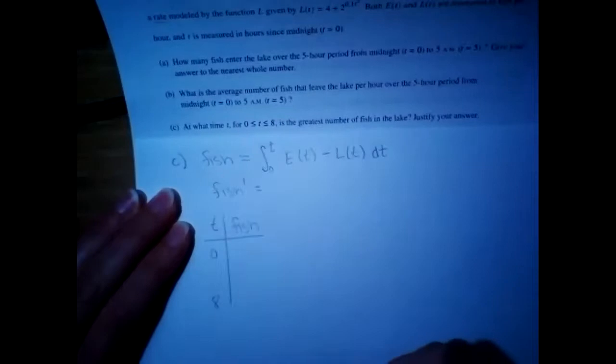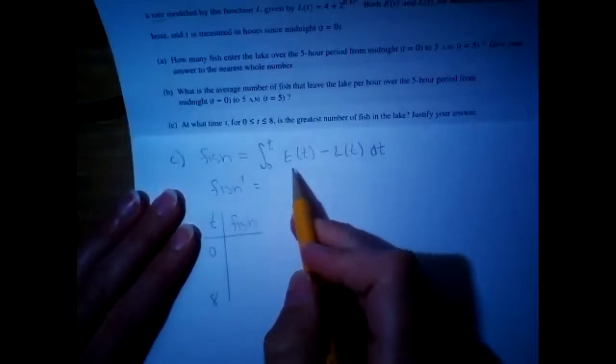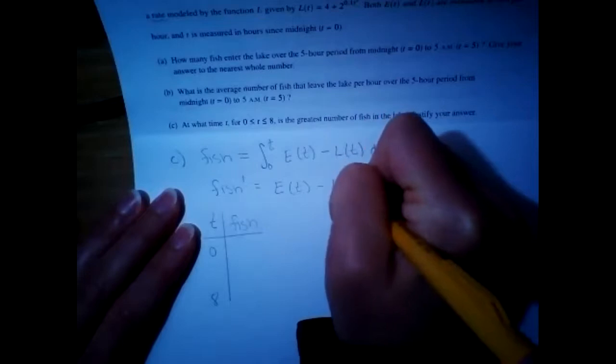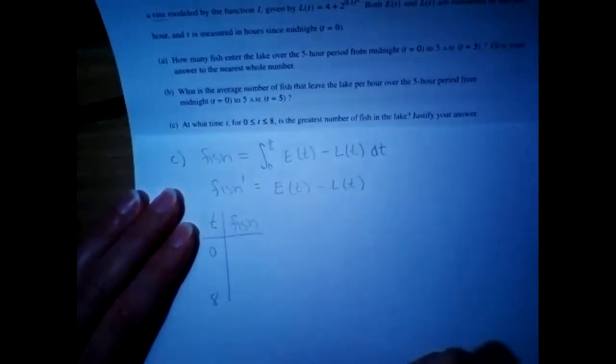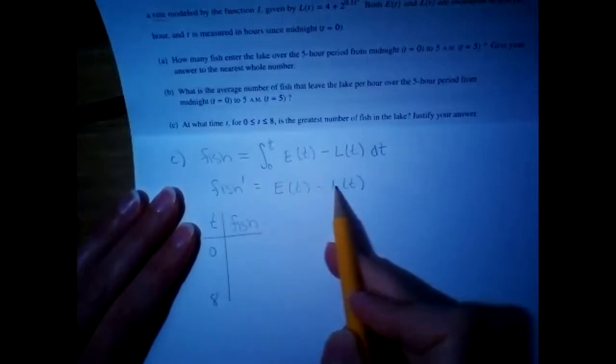And we want to do derivative equals 0 to get our critical point. So fish prime, I guess I could have just called that F for fish, it's funnier that way. Fish prime, derivative of an integral, they're going to cancel out, and you're just going to have E of t minus L of t. You just have the entering rate minus the leaving rate.